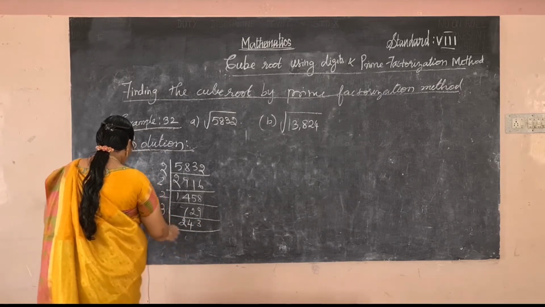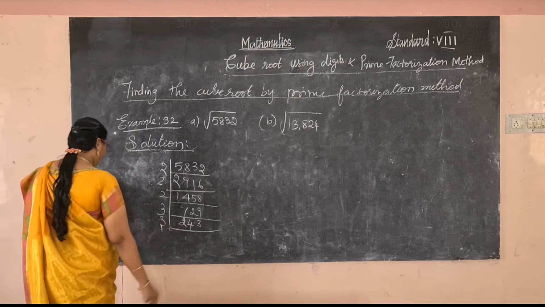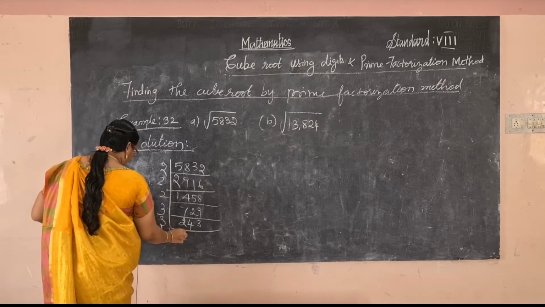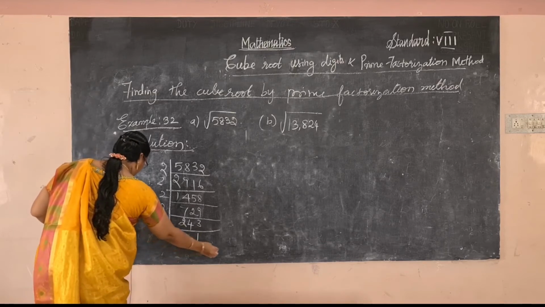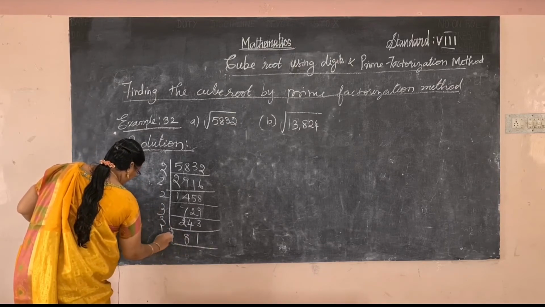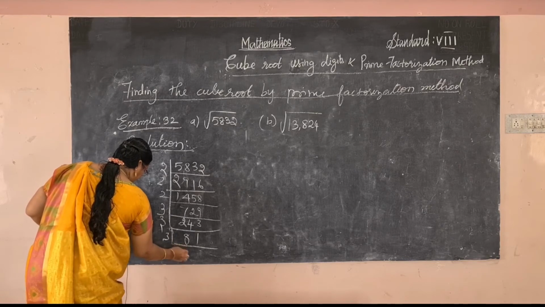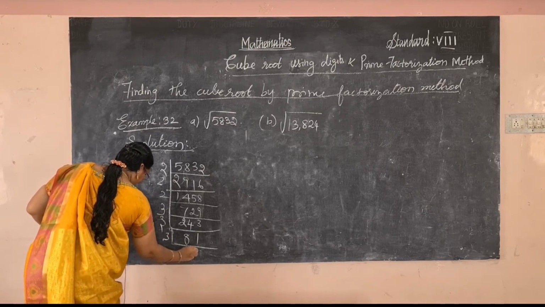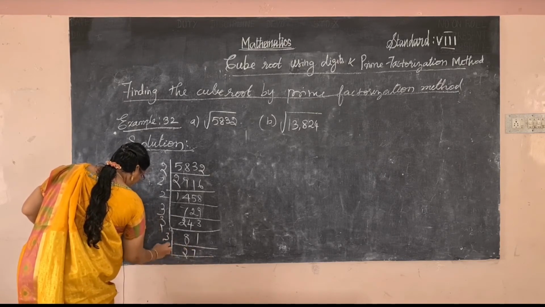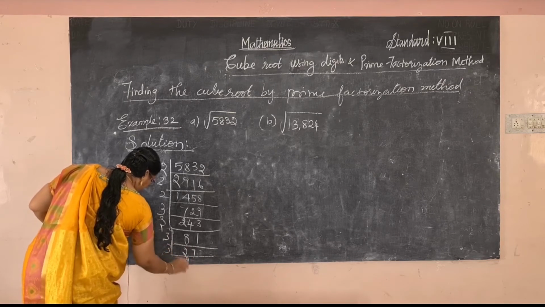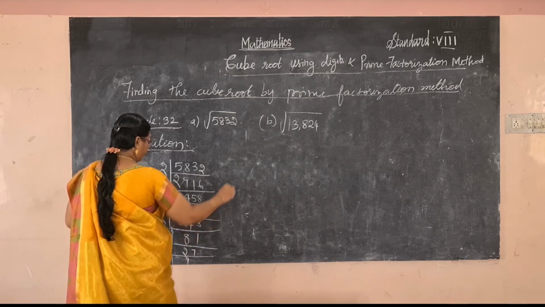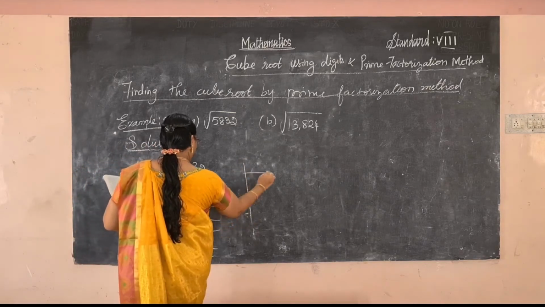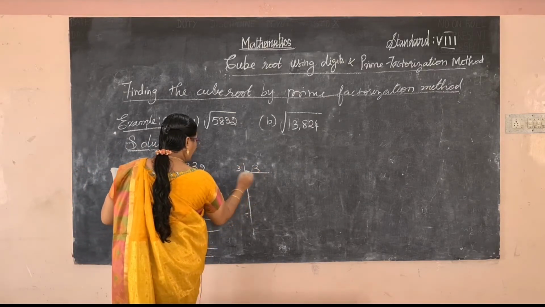Again it is divided in 3 table. 3 8s are 24, 3 1s are 3. Again 3 table. 3 7s are 21. Again 3 table, again 3 table, and 3 1s are 3.